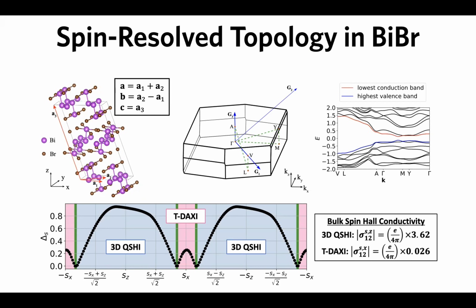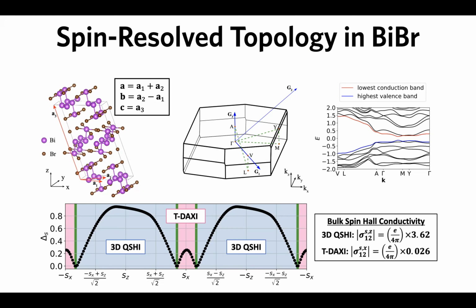No, the reason that this is not quantized is because spin is not actually conserved. So what you can do is you can write out the Kubo formula for the spin Hall conductivity and massage it a bunch, and what you get is you can write it as a contribution that's like e over 4 pi times the spin Chern number, plus a bunch of other stuff that you can prove vanishes if that component of spin is conserved, but is generally non-zero.